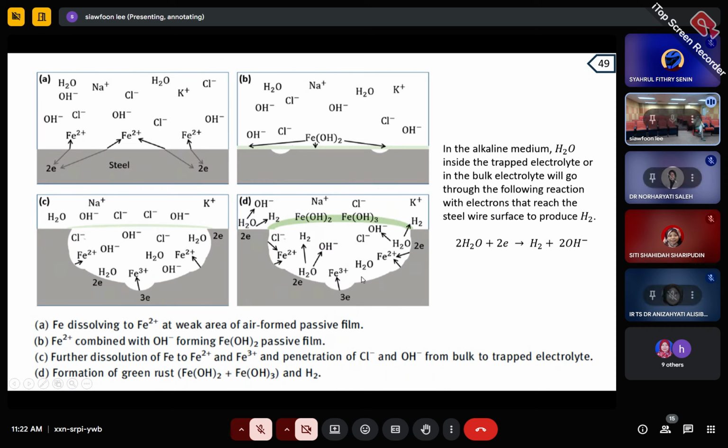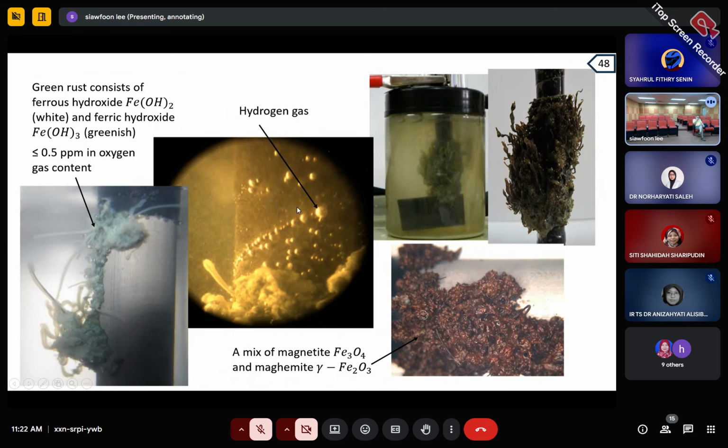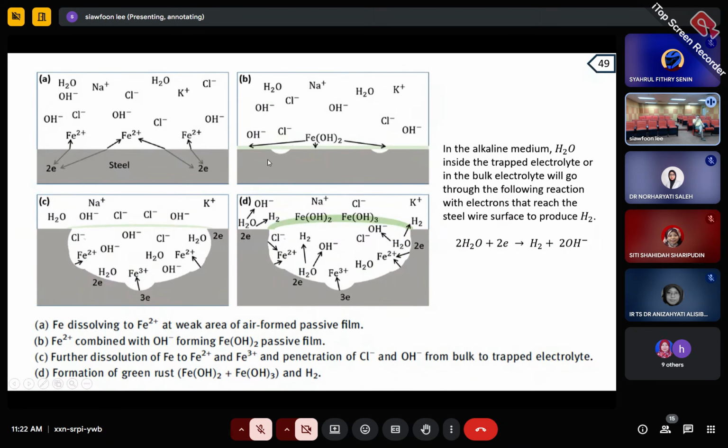So this is the prediction that we have. Of course, other people have other versions of the prediction, based on the observations they have in their experiments, and they can start to model how this happens. That is how corrosion will happen in the deaerated solution, and this is how I try to explain why this happened in my system.